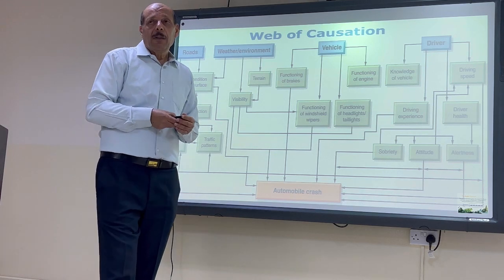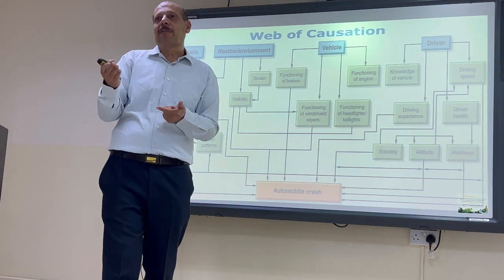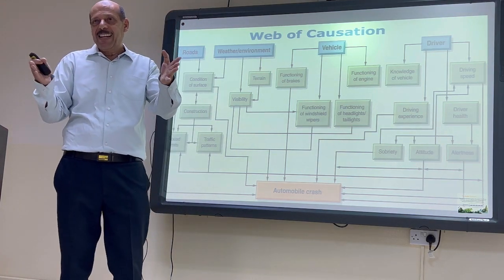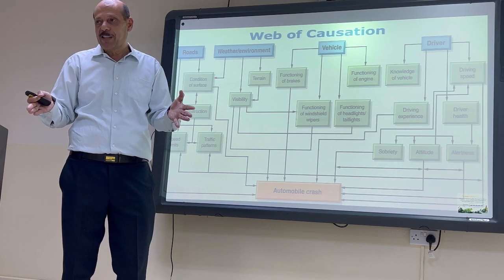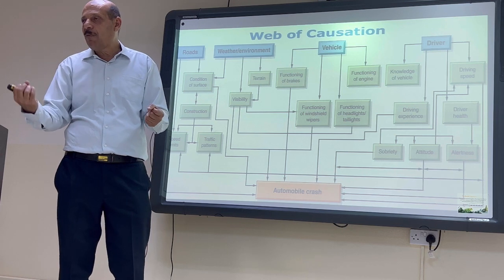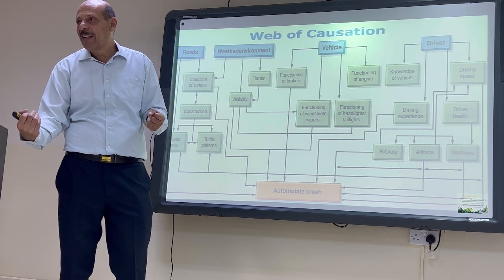And you might observe that when they improve the roads and the type of road construction, the number of accidents becomes less.